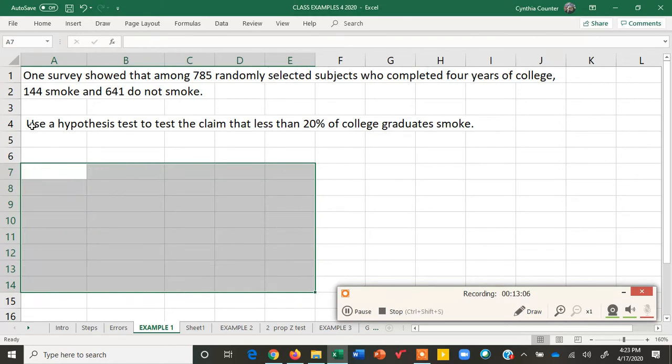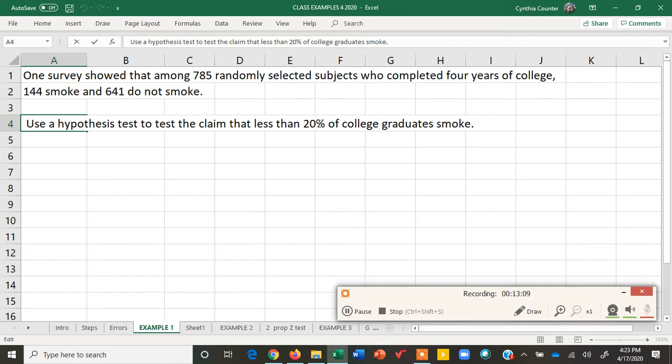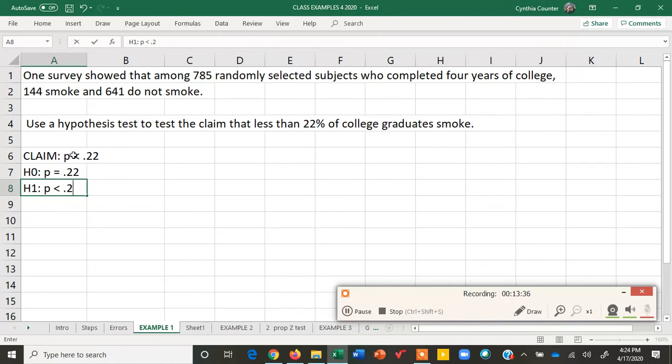What I'm going to claim this time is that our sample proportion is less than 22%. So claim: P is less than 0.22. Null H0: P equals 0.22. Alternative H1: P less than 0.22. Alpha is 0.025.